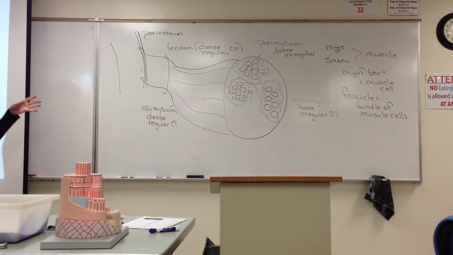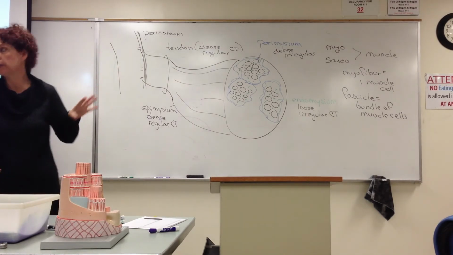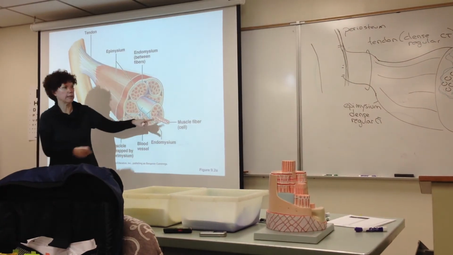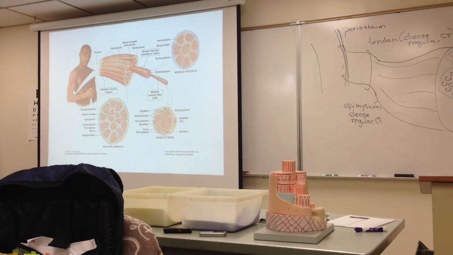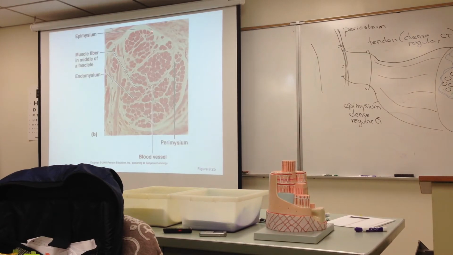Now I'm going to erase this in just a few moments, and I want to take one of these single muscle cells, one single black circle, and show it to you as a myofiber. So here is showing a muscle, and this would be the outer covering, the epimysium.